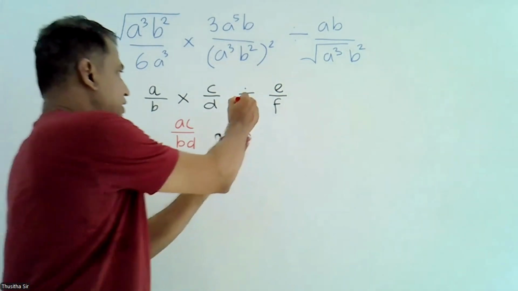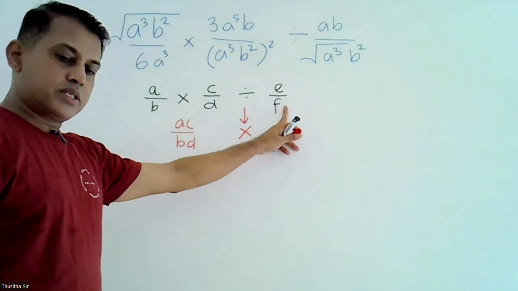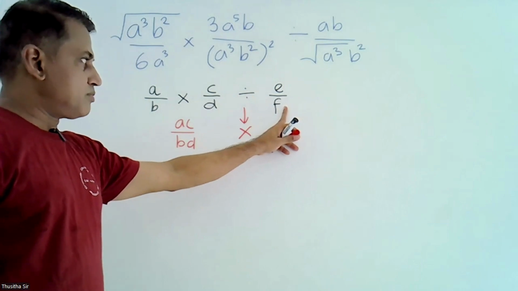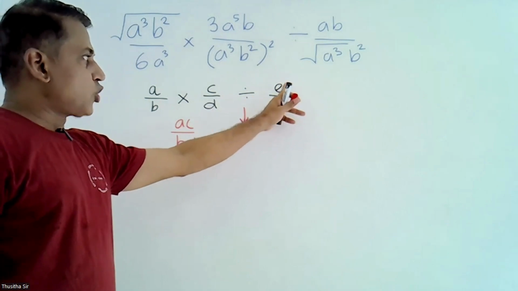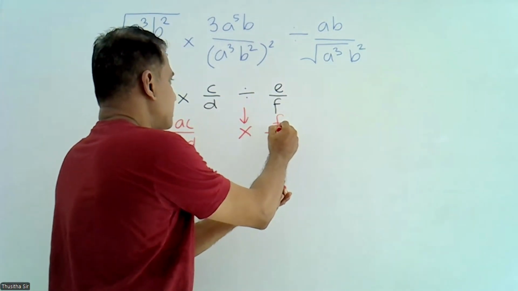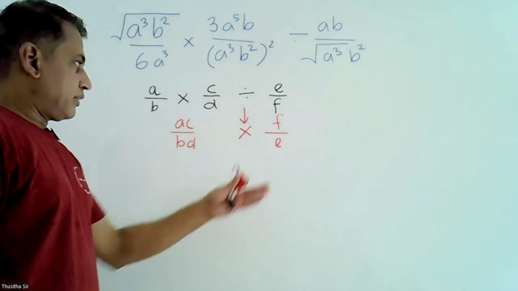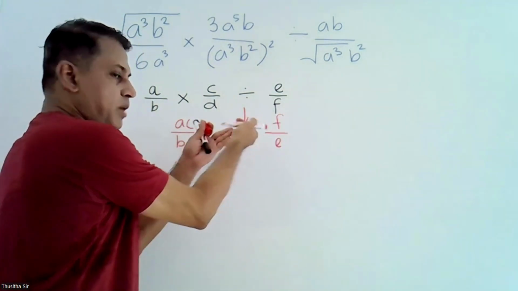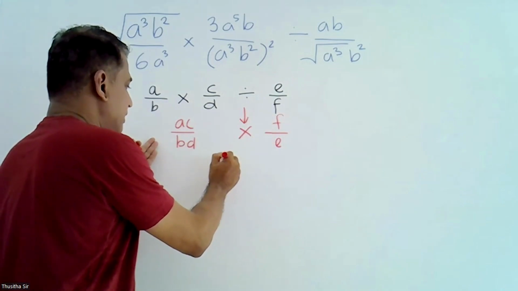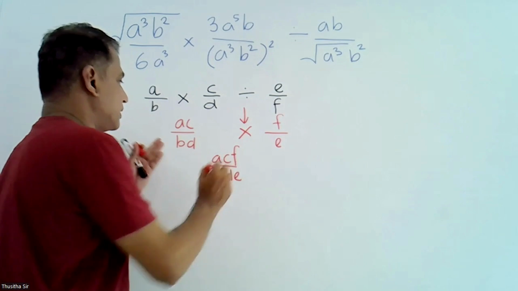So this I change, and after that I write the reciprocal of this. The reciprocal means I swap the top and bottom. So f goes up, e goes down. Then finally I can multiply this, a, c, f over b, d, e.